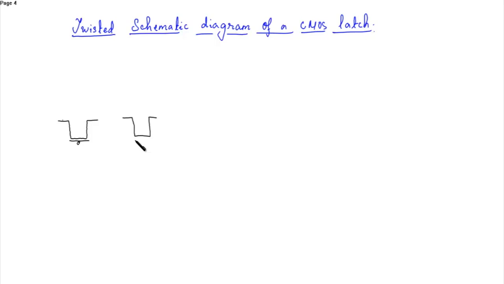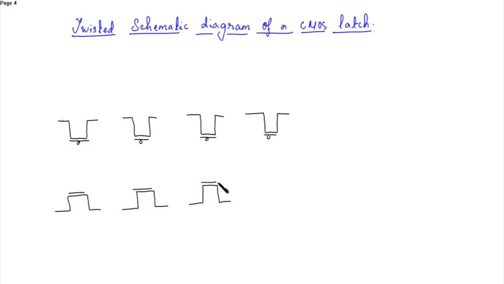This is PMOS 2. This is PMOS 3. This is PMOS 4. Similarly, we'll have NMOS 1, NMOS 2, NMOS 3, this is NMOS 4.